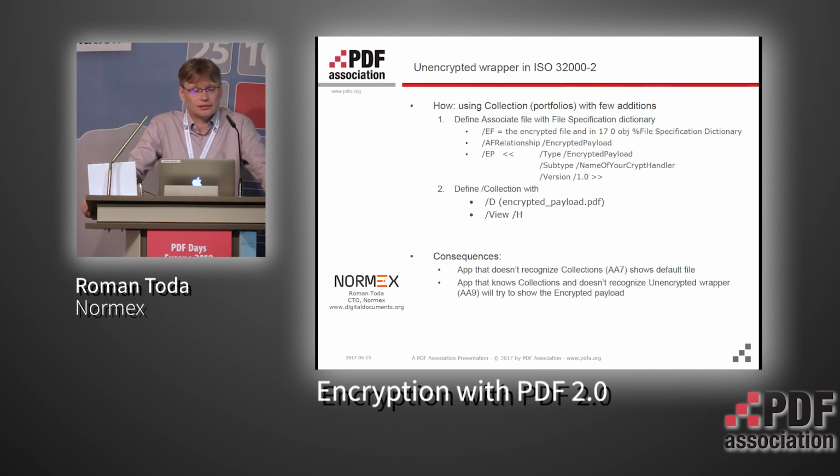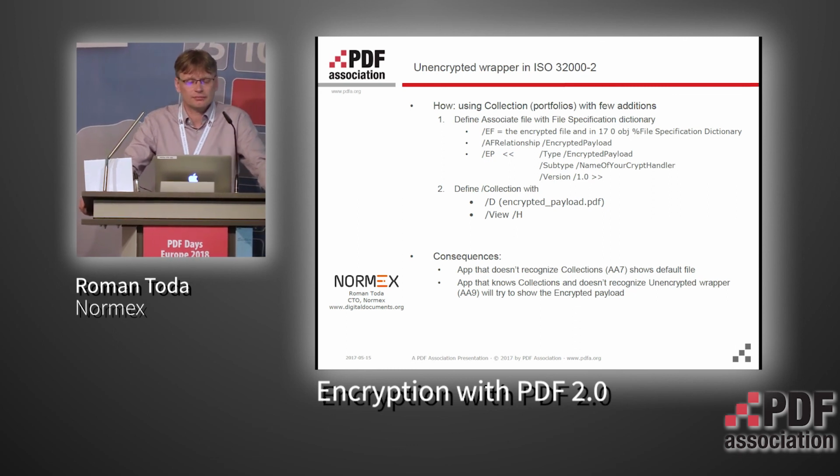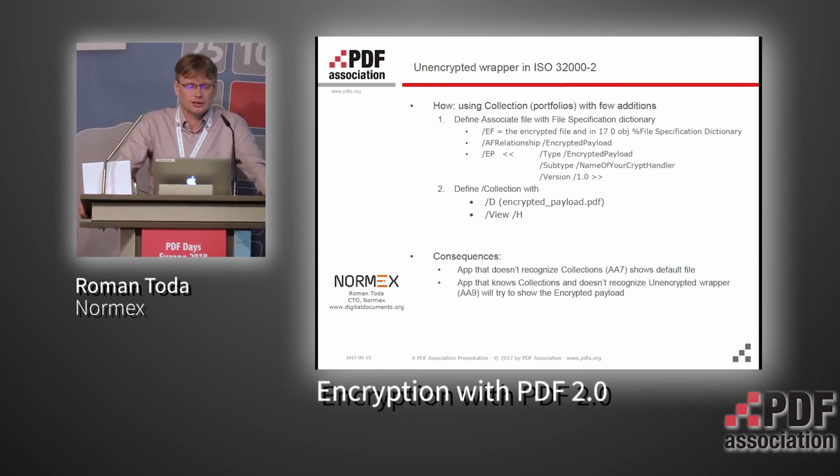Then we have to define the AF relationship, as I mentioned in the session on tagging. The AF relationship in this case would be EncryptedPayload, and you also provide the dictionary or definition of the type of this associated file. Then you define in the collection the D parameter, which points to the encrypted payload and the view. So you get the idea of what happens when you open such a file.